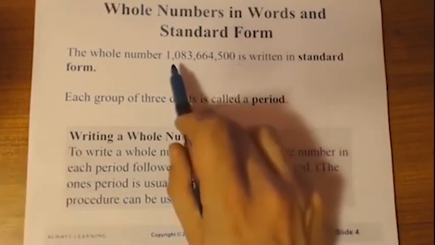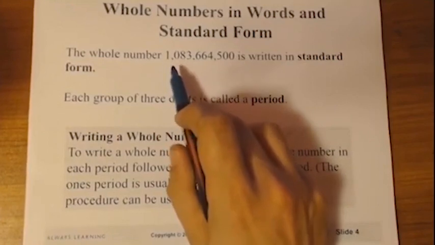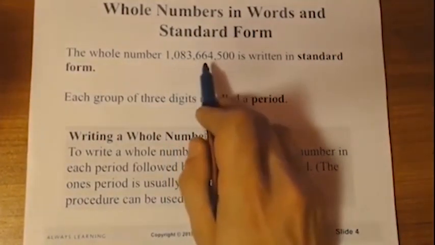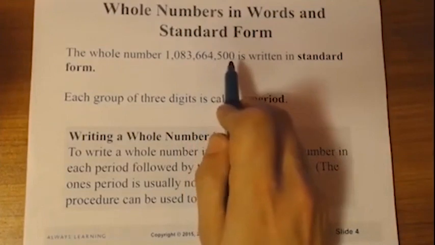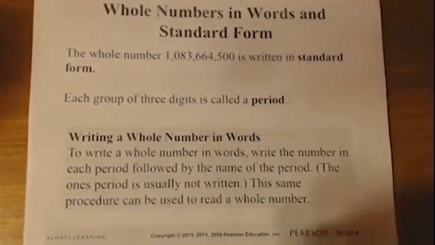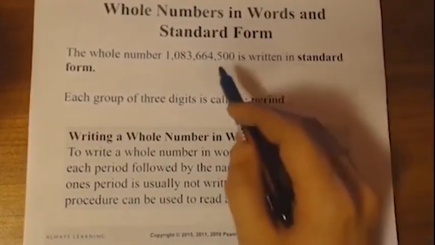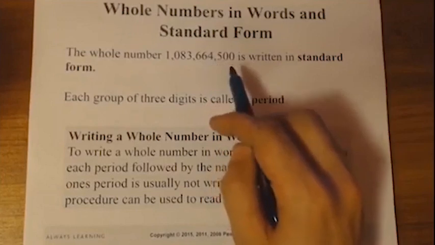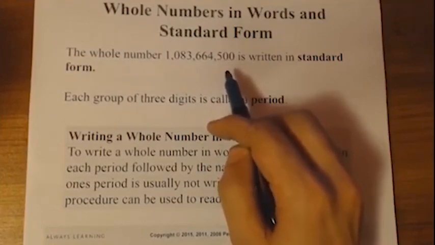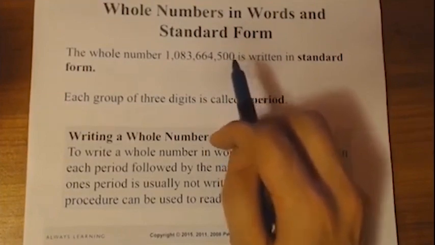So you could even think of this, the comma, as a reminder that you have to say the period name. 1 billion, 83 million, 664,500. Now, we don't usually say ones. We wouldn't say this is 664,500 ones. So when we get to this last part, we just say the number.